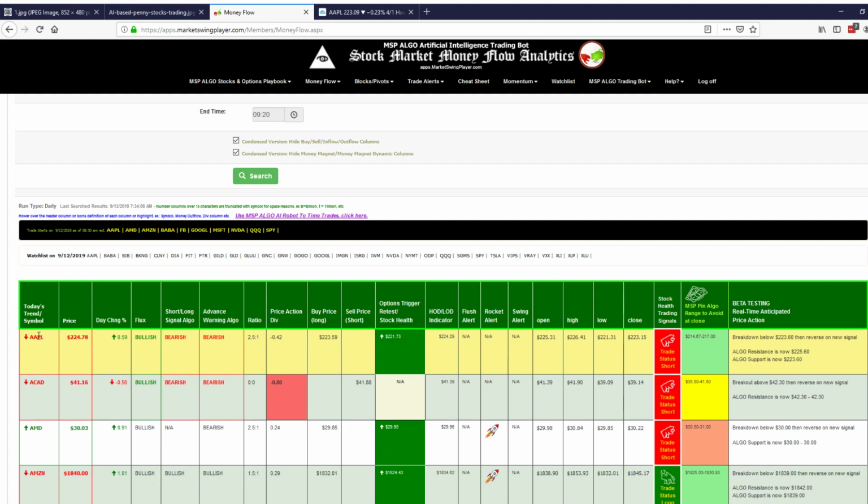It looks like it was bearish at 0920. We got the price, the day change, the flux, the actual money coming in and out. We got a short long signal algo, advanced warning algo, ratio, and price action divergences. So these are a variety of MSP algo analytics, where it's detecting buying or selling during that time frame.